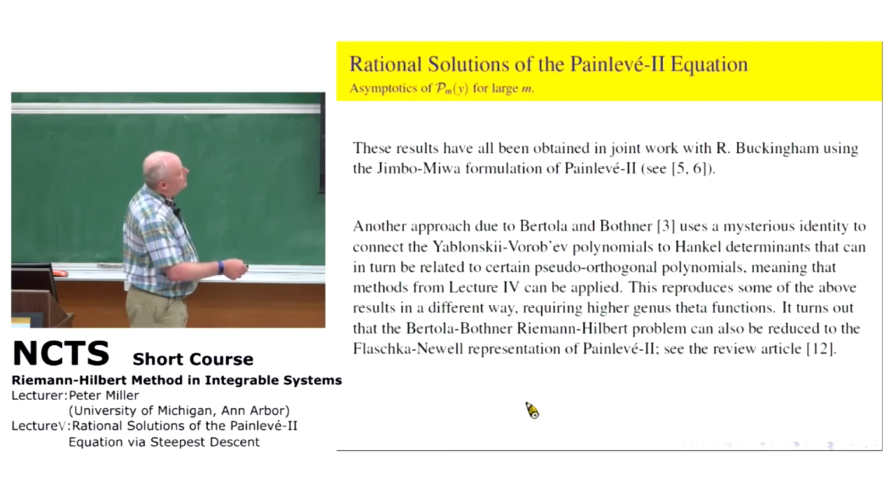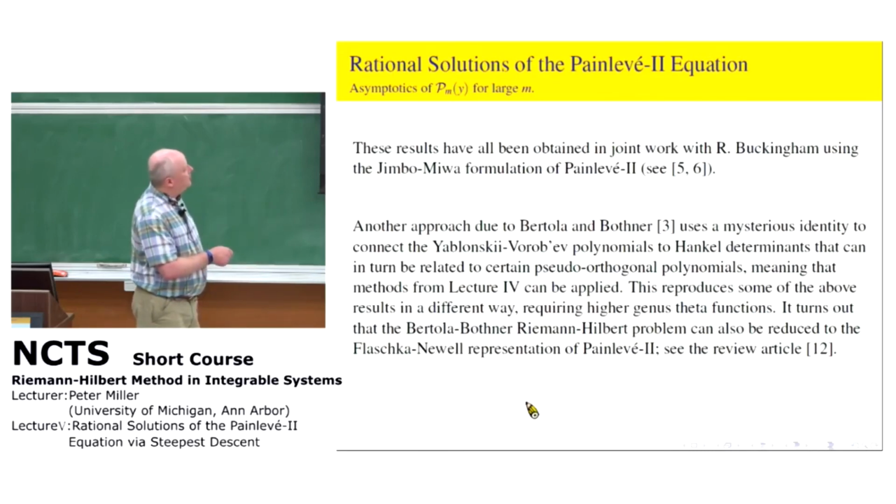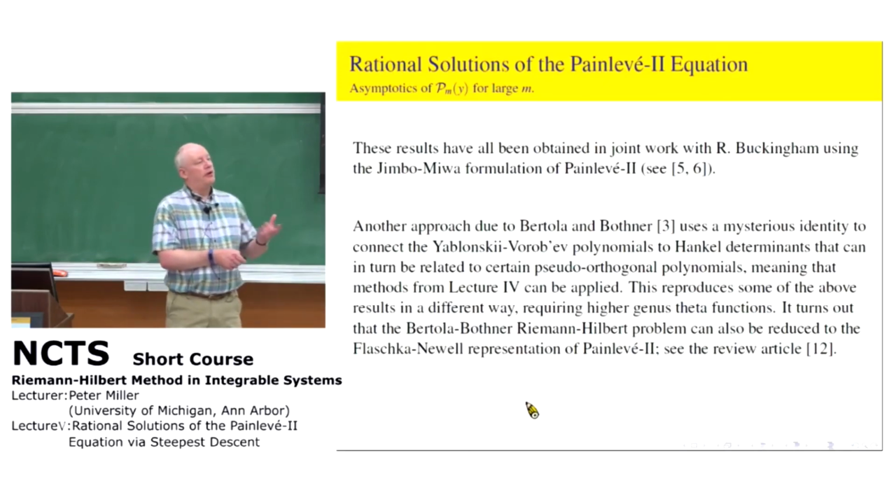But once you have it, then you have a way to analyze these Yablonskii-Vorob'ev polynomials. And what they did through their identity is link them to certain pseudo-orthogonal polynomials, meaning that we can apply Riemann-Hilbert methods just exactly like from lecture 4 to the problem. On the other hand, that allows them to reproduce some of the results we just mentioned in a different way, but the price you pay for going to this orthogonal polynomial picture is that you have to have many cuts, or many support intervals, of your equilibrium measure.